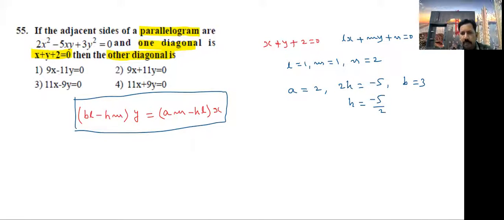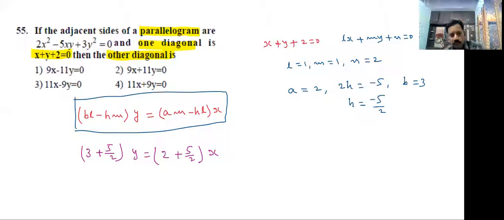Those values we substitute in this formula. b is 3, l is 1: 3 into 1, 3, minus h m, (-5/2) into 1, so minus into minus gives plus 5/2, into y, equal to am, a value is 2, m value is 1, 2 into 1, 2, minus hl, -5/2, here already minus is there, we get plus, into x.